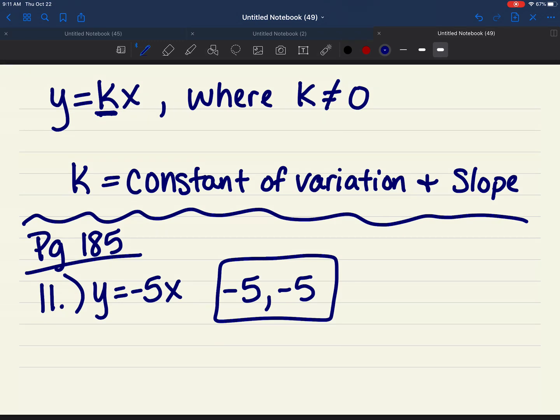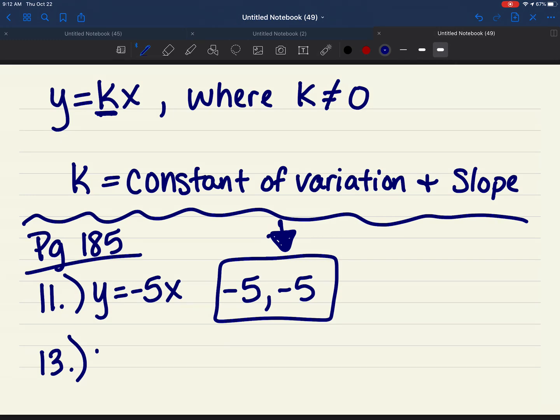No, because what value are you going to get when you do that? -5, right? Because when you have two ordered pairs and you do y2 minus y1 over x2 minus x1 to find slope, isn't that what we just stated here? And if slope is the same as the constant of variation, right, we don't need to do that extra work. If you know what the value is for k, then you know both of those things, okay?